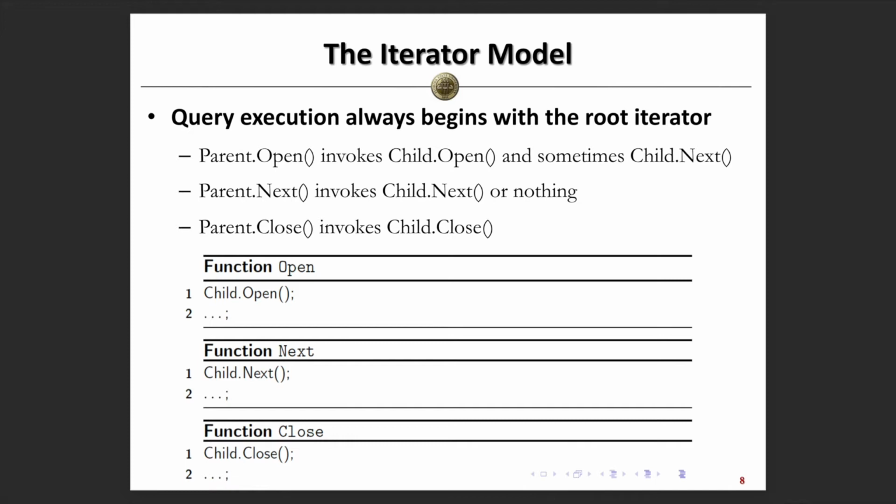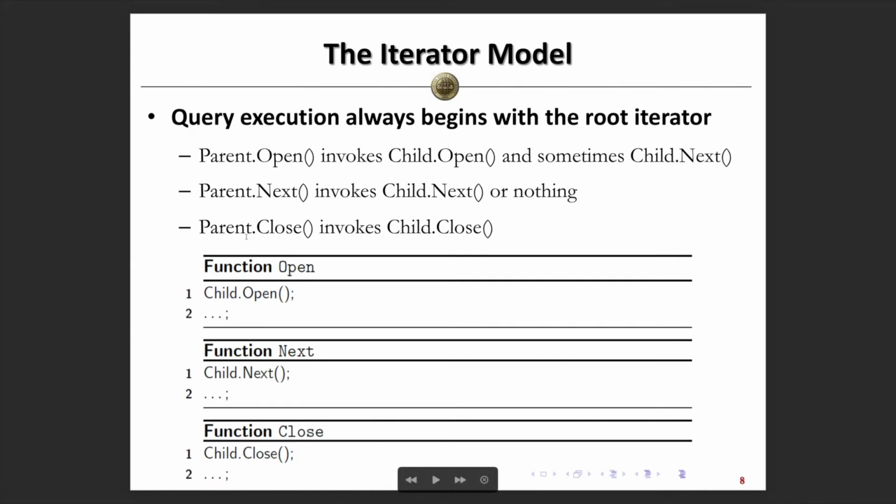And because it is a tree structure, for the parent node, this open function will actually invoke this child open function. And sometimes it will also invoke this child next function. In other words, we also do the child opens, and sometimes we also do the child next. And for the parent next function, it will also involve child next as well. In other words, once we call the next for parent, inside it we also call the next for child.